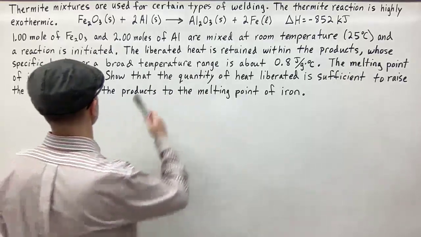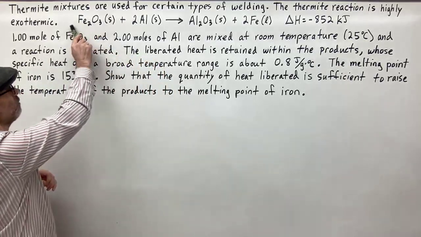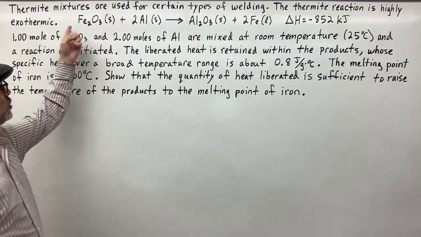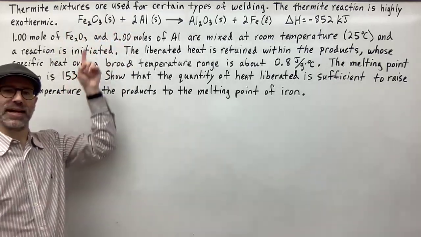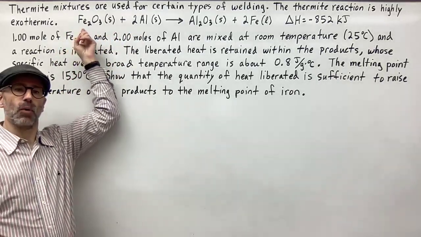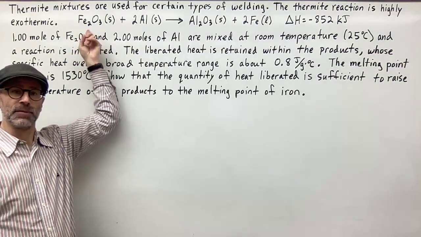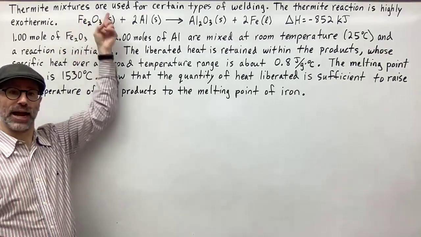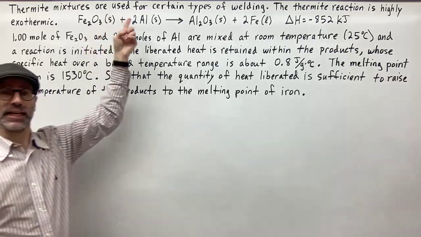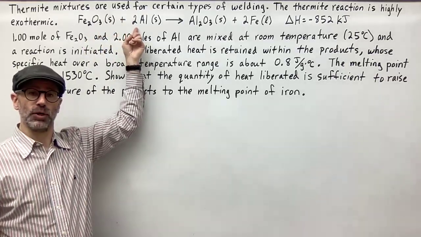Notice here that the ratio of the reactants is 1 to 2. For every 1 mole of Fe2O3, in order for this to react to completion, we need 2 moles of aluminum.